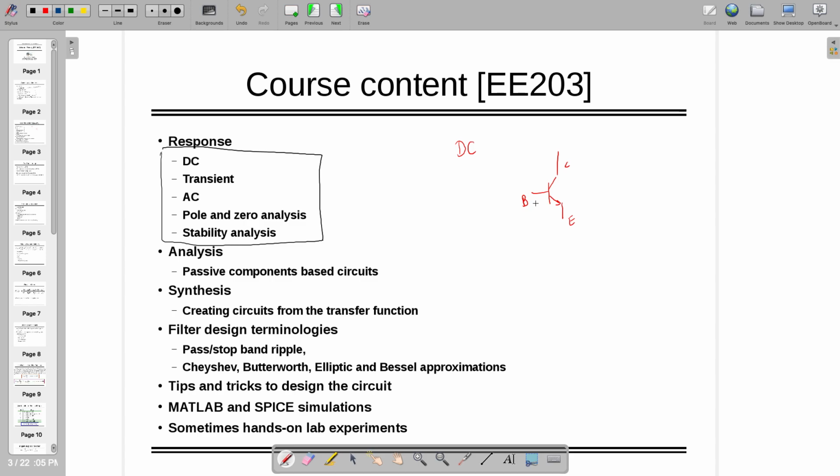If the base to emitter junction is forward biased and the base to collector junction is open circuit or reverse biased, then you can have amplification. When it's forward biased, you may have a voltage like 0.65 to 0.7 volt, and then your transistor works and you can have the amplification.